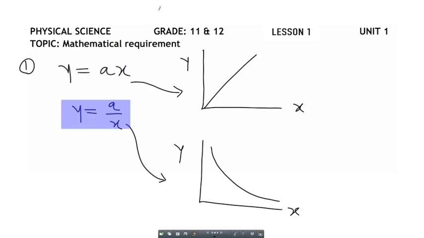In the second example, the variable y is not directly proportional to the variable x, for the mere sense that y increases and then x decreases.